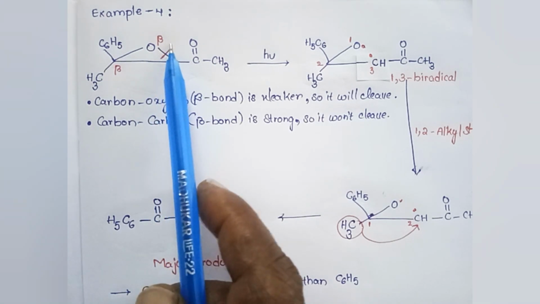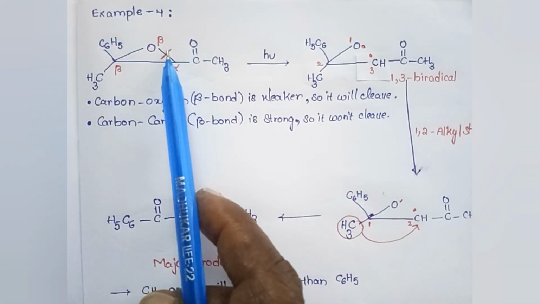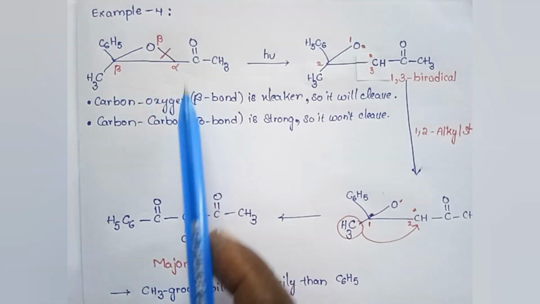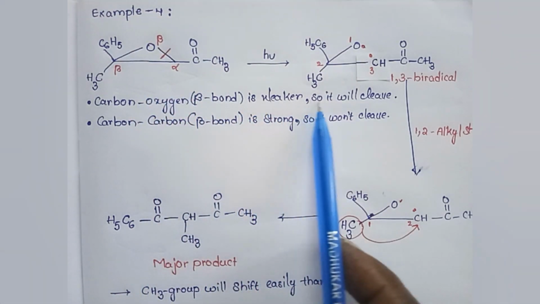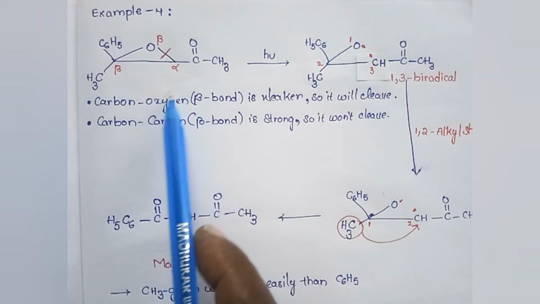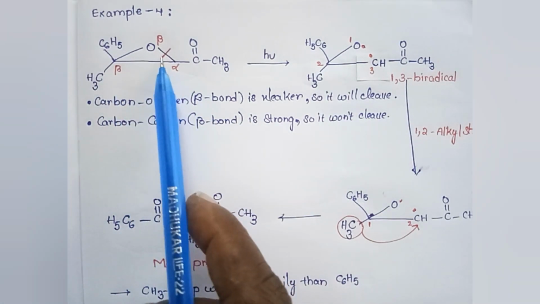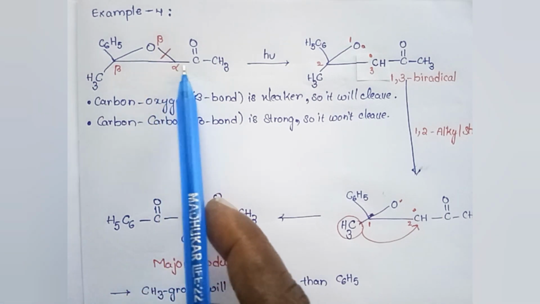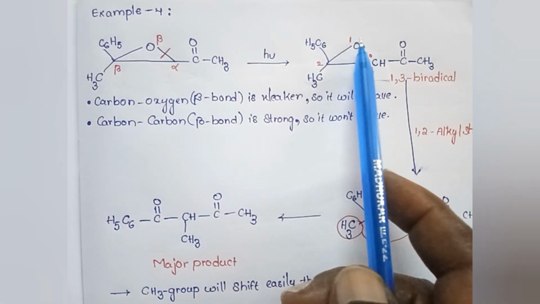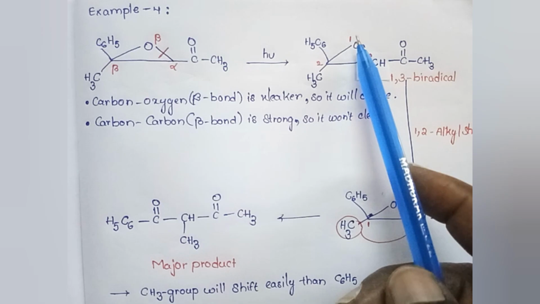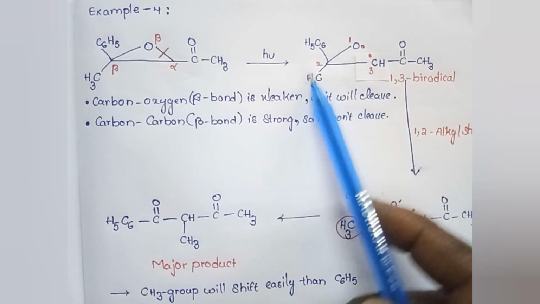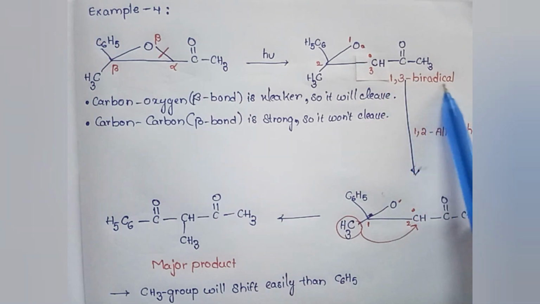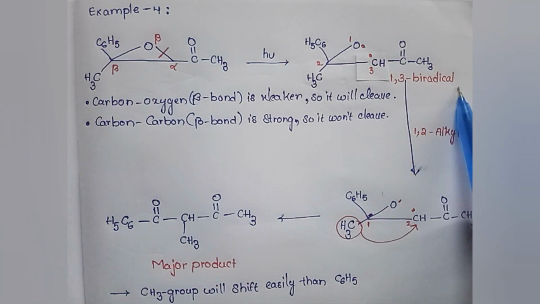But this bond cleaves more easily because the carbon-oxygen bond is weaker than the carbon-carbon beta bond. So the carbon-oxygen beta bond will cleave to give us two radicals. This is 1, this is 2 and this is 3. So a 1,3 biradical intermediate is formed.